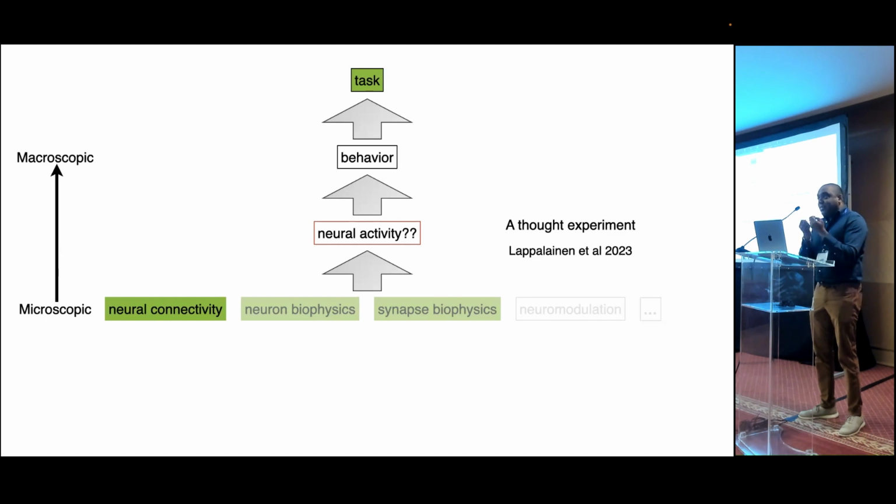We asked, let's say you only know the connectome and information that you can get from a dead brain, and you know something about the task. How well can you predict neural activity? Frequently we do have neural activity measurements, but in this case, we're pretending that the only measurements we have come from a dead brain. Okay, and then the idea is if you do this, this can help us understand how much information is captured by the connectome.